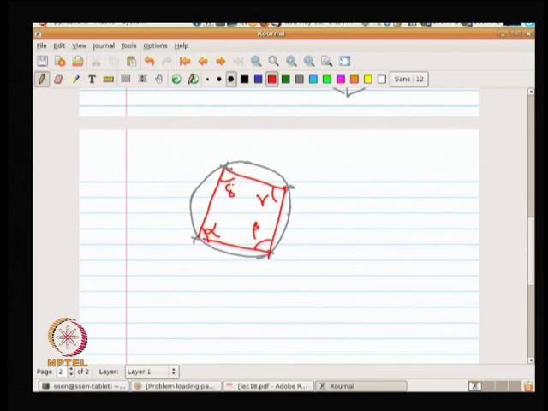We know that the sum of the opposite angles, when all the vertices are on the circle, is supplementary. So alpha plus gamma equals pi, and delta plus beta is also equal to pi.